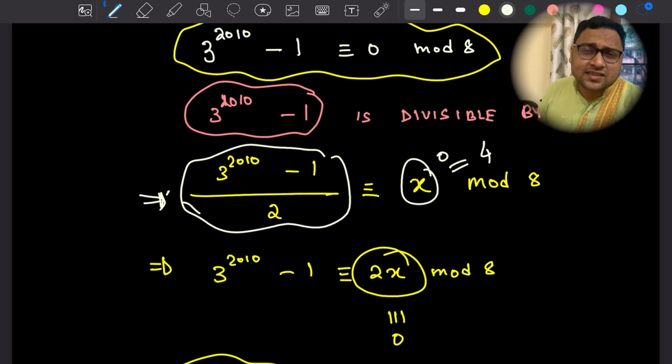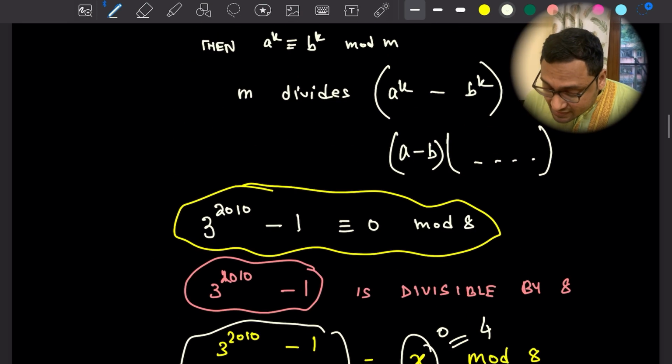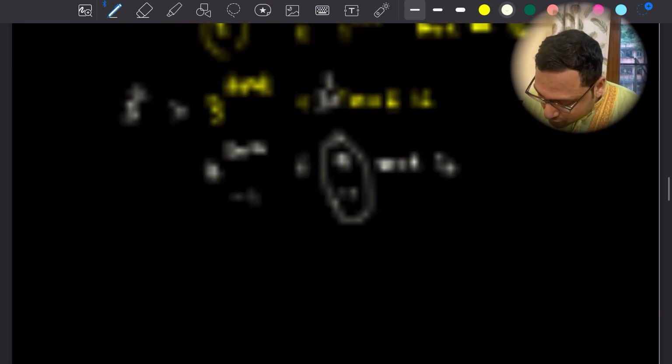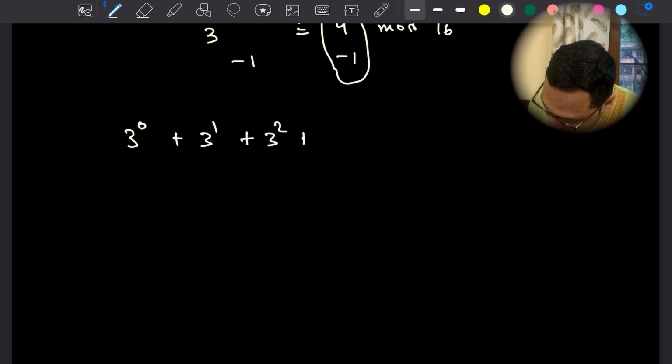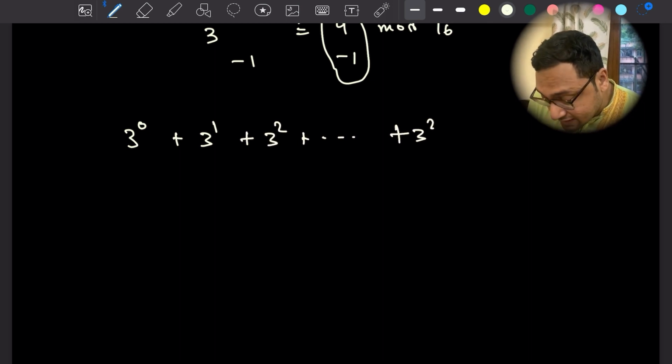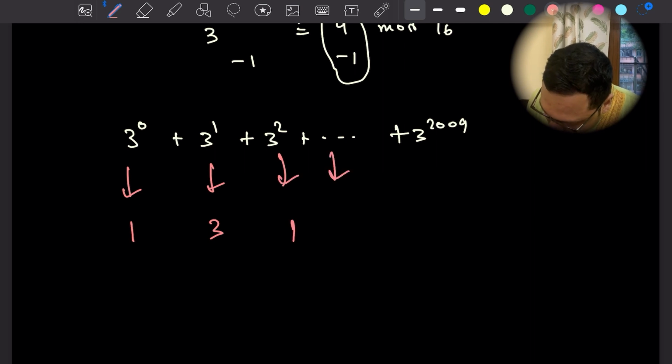Another student, Siddharth, pointed out another way of doing this, which is basically observing that if you take 3 to the power 0, 3 to the power 1, 3 squared, up to 3 to the power 2009, each of these produces remainders 1, 3, 1, 3 alternately.